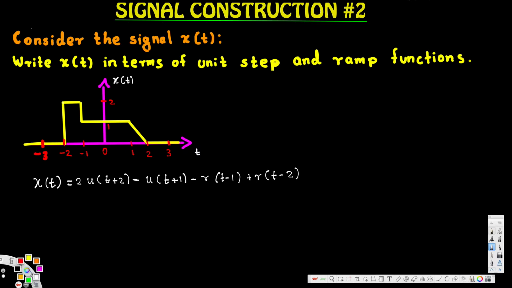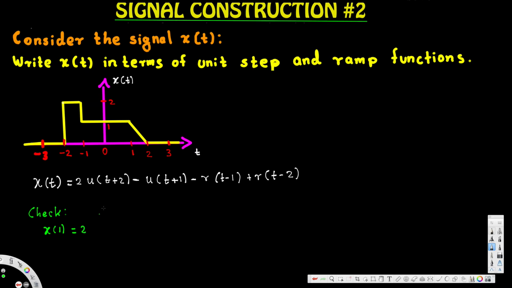Now to verify this one, we can plug in some value and see whether we get the same value as in the graph. So let's say x of 1. If you look at the graph, at 1 what do we have? We have a 1. So we can verify whether we get the same thing when we apply this in this equation.